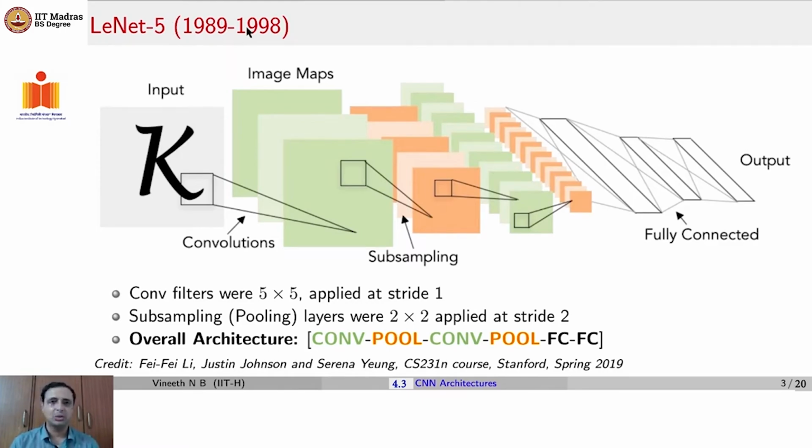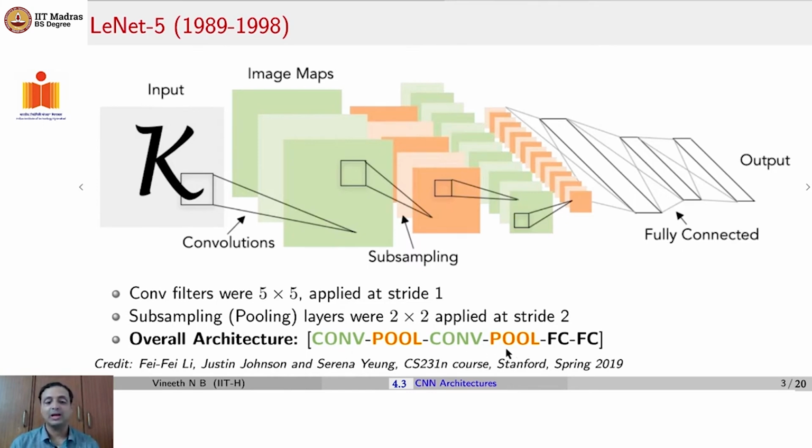The LeNet convolutional neural network architecture looks like what you see here. It starts with a convolutional layer, then goes to a pooling layer, then again a convolutional layer, then a pooling layer, then two fully connected layers, and then finally the output layer. The convolutional filters were of size 5 cross 5 applied at stride 1. The pooling layers were 2 cross 2 applied at stride 2.